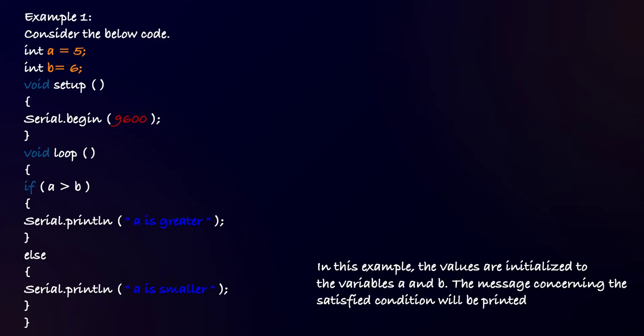Else, you can print a is smaller. What if a is equal to 5 and also b is equal to 5? Then a is not greater than b. So this statement will not be printed. But other than this statement, I have asked the computer to print a is smaller. So in that case also, it will print a is smaller. So that's an error.